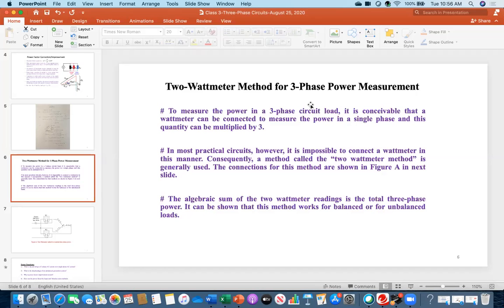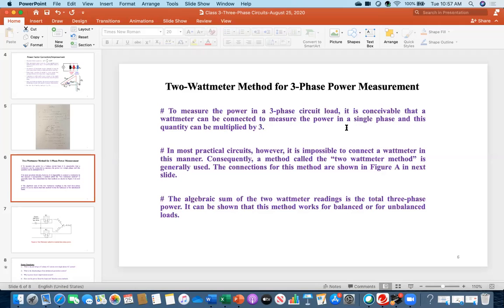But you might think that because this is a 3-phase system, you might need 3 wattmeters. No, with the help of only 2 wattmeters, you can measure the 3-phase power. That's the interesting thing. So you see what I have written? To measure the power in a 3-phase circuit load, it is conceivable that a wattmeter can be connected to measure the power in a single phase, and this quantity can be multiplied by 3.